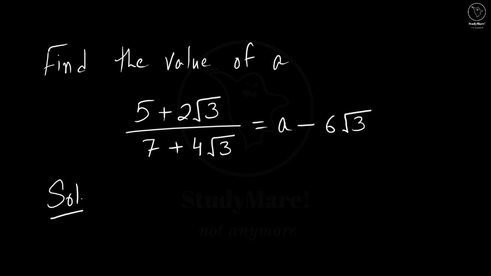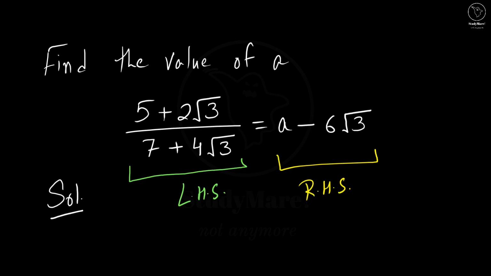Now, looking at the question, as I have always mentioned, we have to find a way out. How? If you see, we have LHS and we have RHS. LHS looks a bit complex while RHS is already in its simplified form.